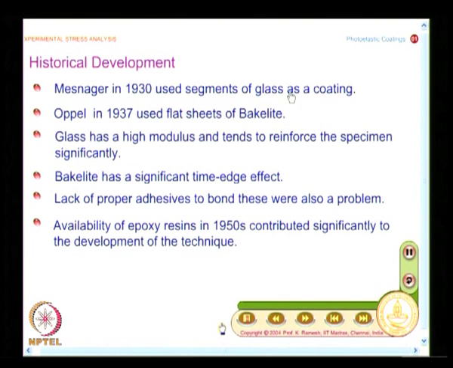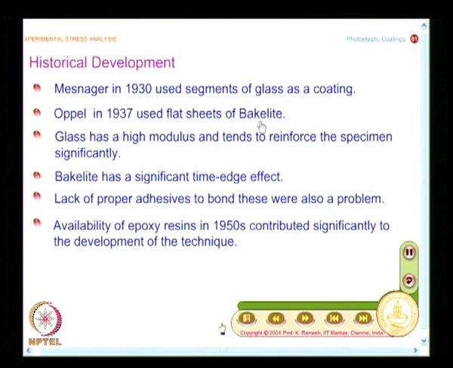And after glass, what did they try? Opel in 1937 used flat sheets of bakelite. So, when we graduate from transmission photoelasticity to photoelastic coating, initially people concentrated only on flat surfaces. They initially used glass, which was found to reinforce the specimen significantly.